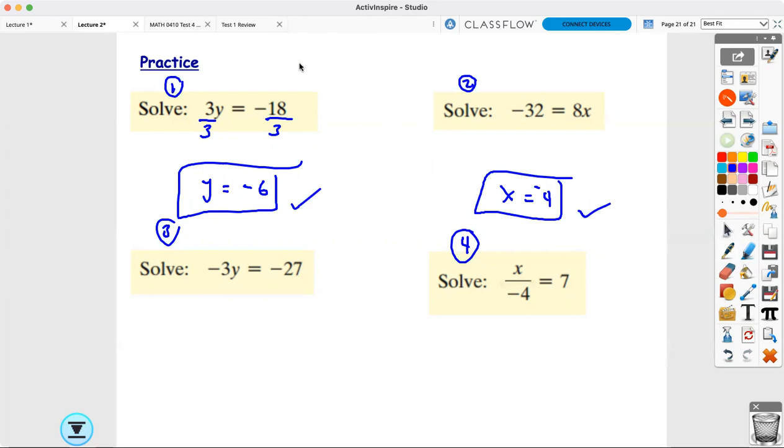Okay, good. Let's look at 3. How do we get y by itself for 3, right? What was your solution for 3? Y equals what? Type it in the chat. Y equals 9. If you got y equals 9 for 3, you are correct, class.